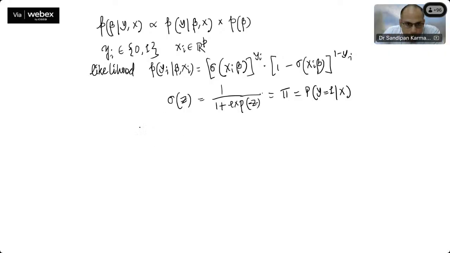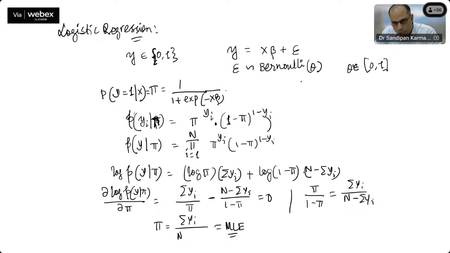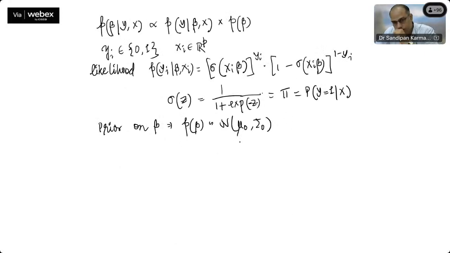For the prior on beta, I am taking p of beta as following a normal distribution with mean mu 0 and variance, suppose, sigma 0. I am taking it multidimensional.